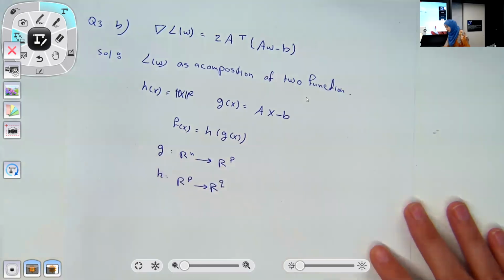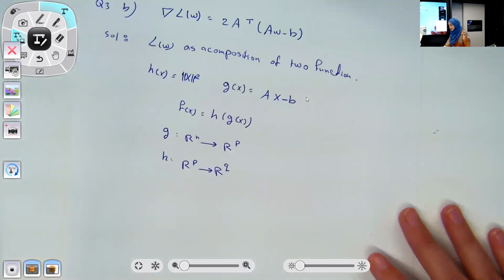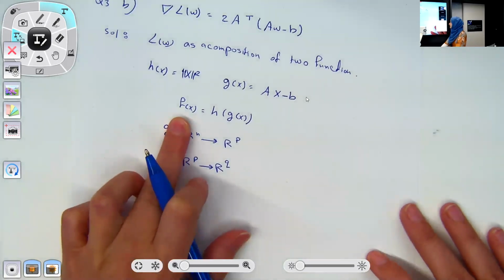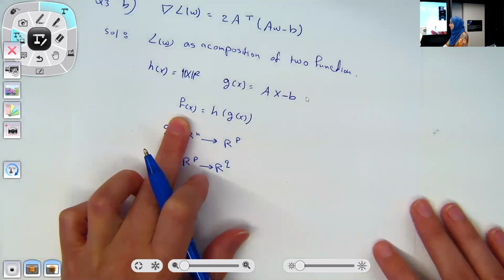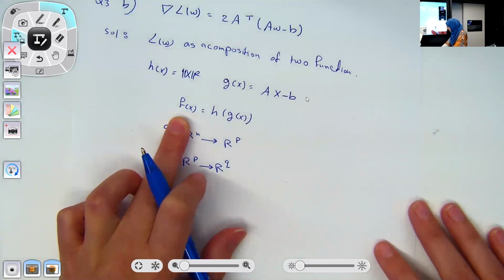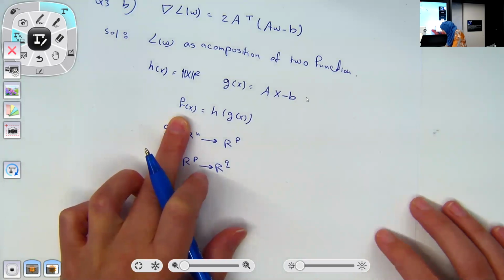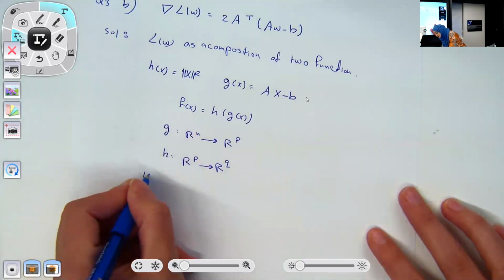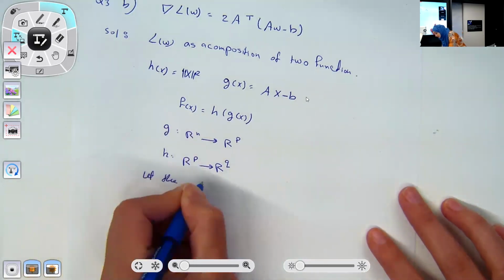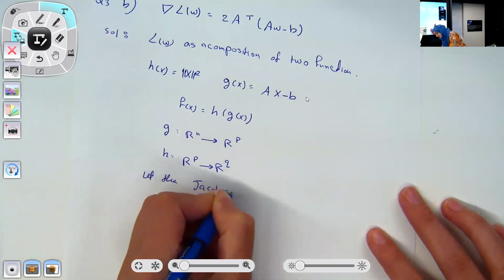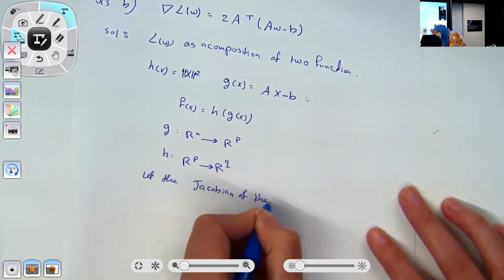Okay. Now we need to find the Jacobian of this function. To find the derivative, we need to find the Jacobian. So we need to let the Jacobian of the function f be df.